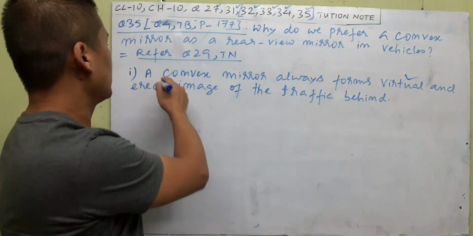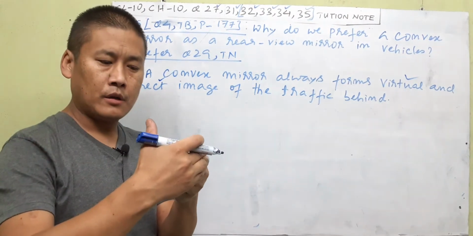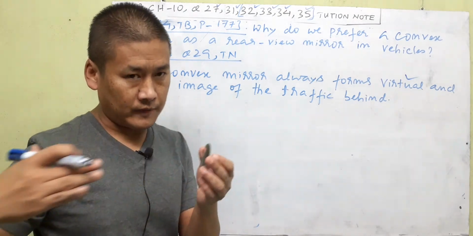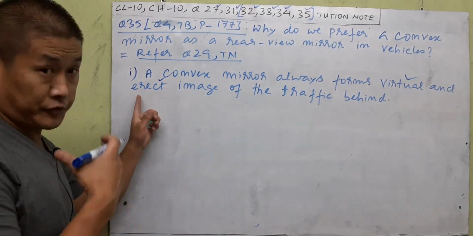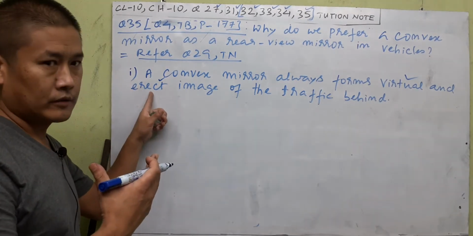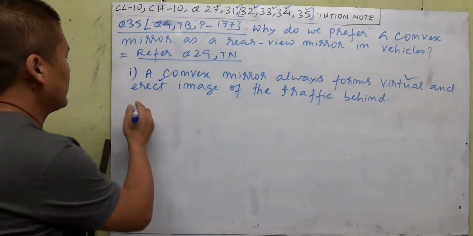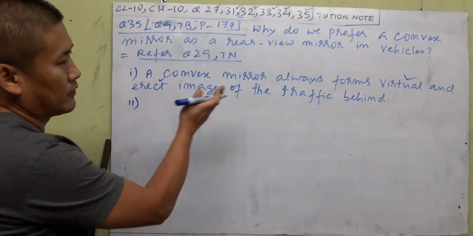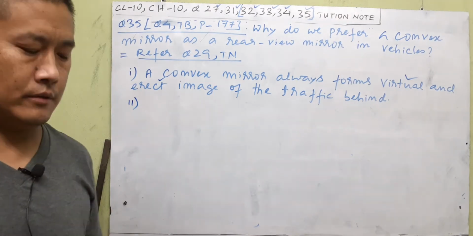And erect is an advantage because the car behind him is erect and the image is also erect. So it gives a better judgment of the position of the car behind him. So virtual, no need of screen, and erect, a good judgment of the position of the vehicle behind you. So reason number 1 is it forms only virtual erect and never real inverted.